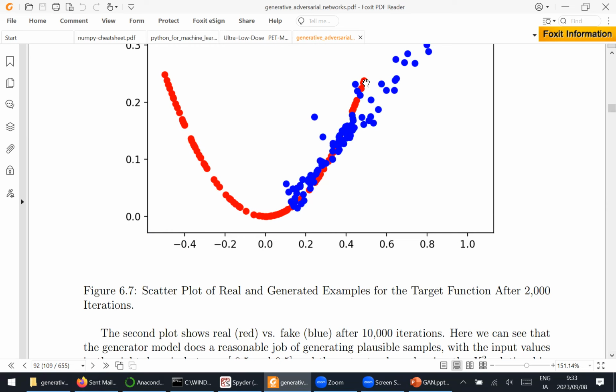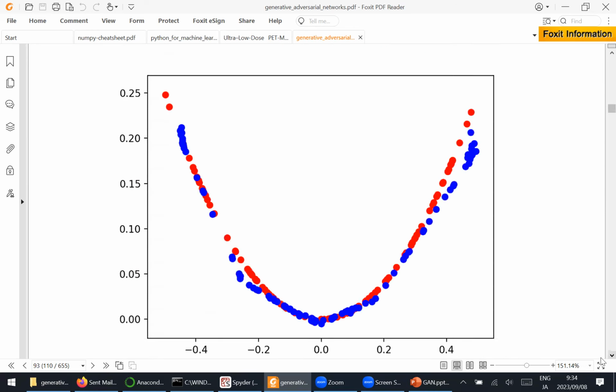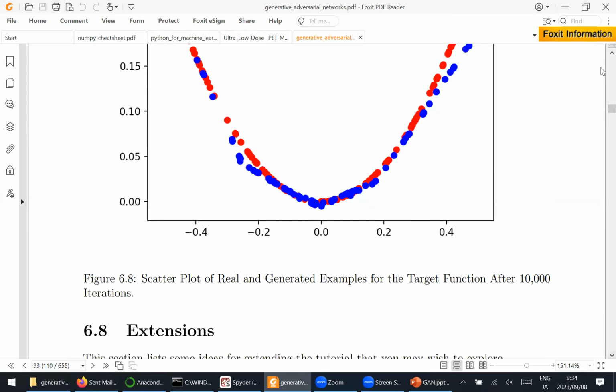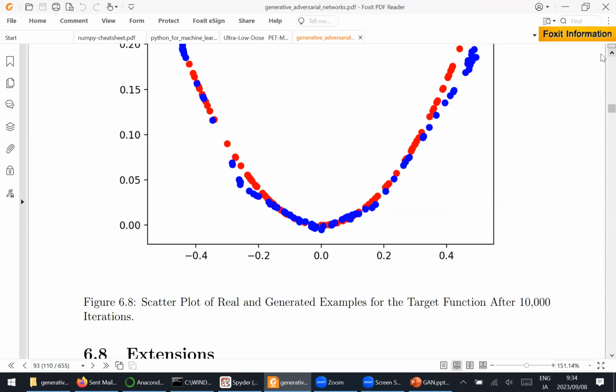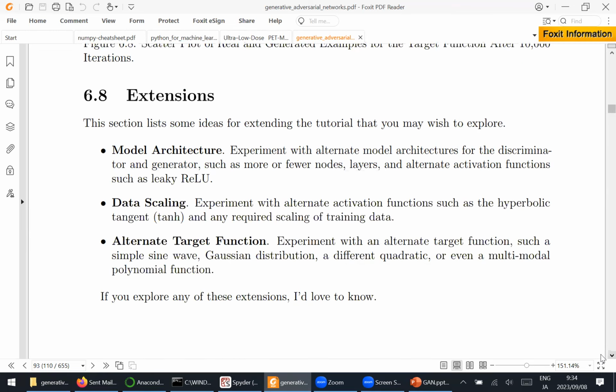It's not very good, but it's not completely random. But if we keep going, after 10,000 it looks pretty good. It's getting close to what our real function is. So again, this is a very crazy way to generate a parabola. But the point is how to create a GAN, create a network.